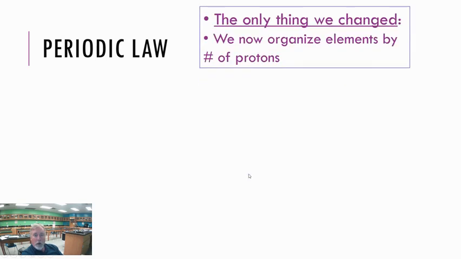So let's get into the periodic law. What is the periodic law? Now, what have we changed between Mendeleev's table and what we have? The big thing we changed is we organize the elements by the number of protons, not by their mass. And if you remember from our previous unit, the mass of an atom is not only dependent on the number of protons, but also the number of neutrons.